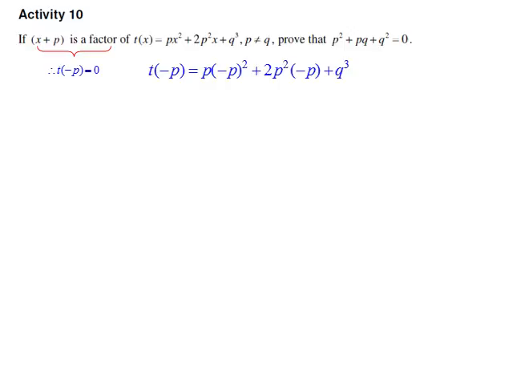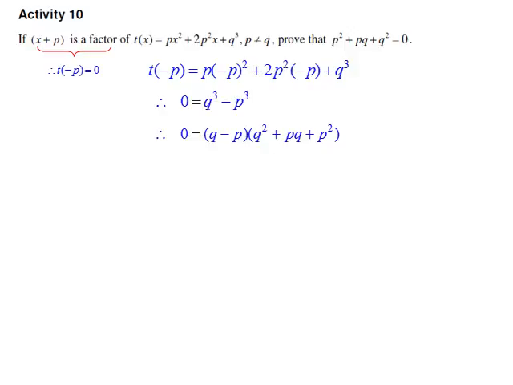If we now calculate t(minus p) and equate it to 0 and simplify, we get that 0 is q cubed minus p cubed, which is the difference of two cubes. We can factorize q cubed minus p cubed as q minus p times q squared plus pq plus p squared.